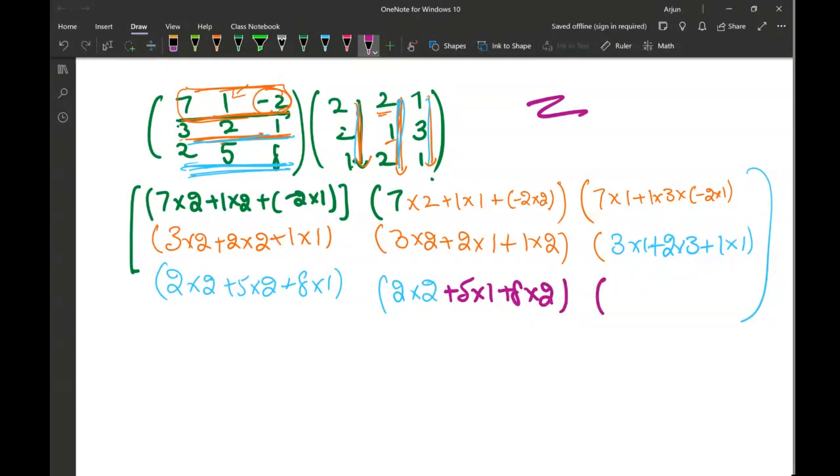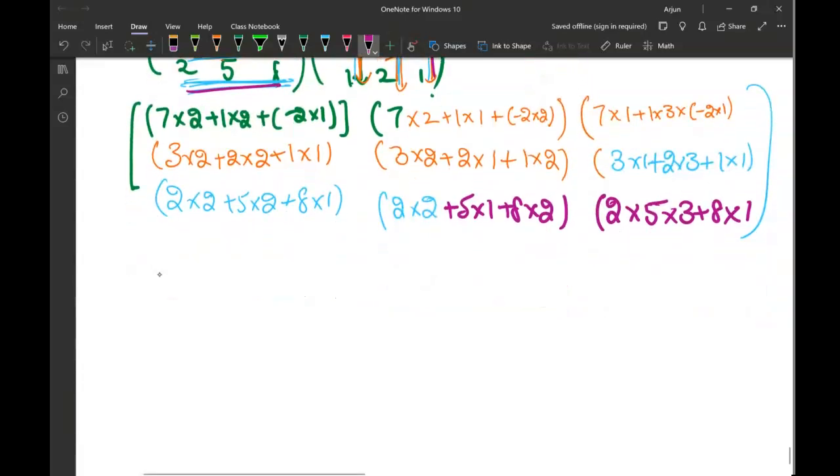And then the third term, again this and this: 2 times 1 plus 5 times 3 plus 8 times 1.